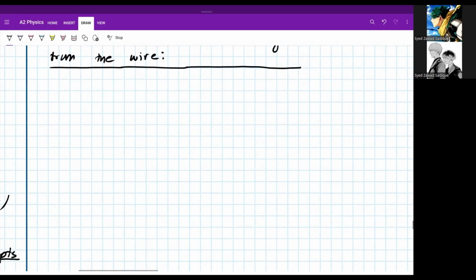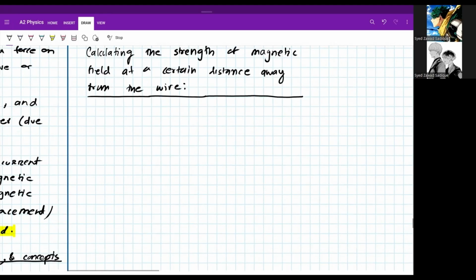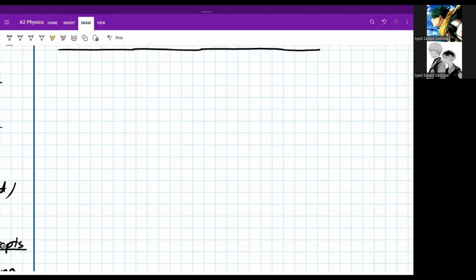Now, let's consider a plane in which we have a wire going into the page. Now let's say it is a certain distance away, just let's denote it as d.